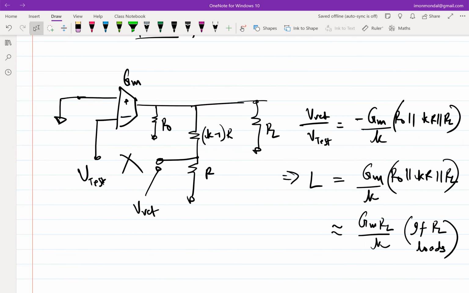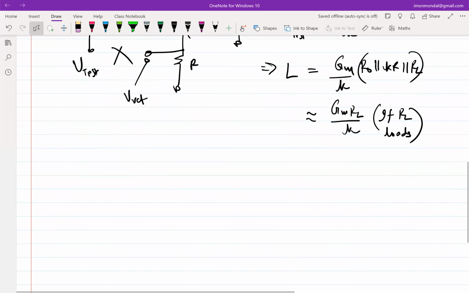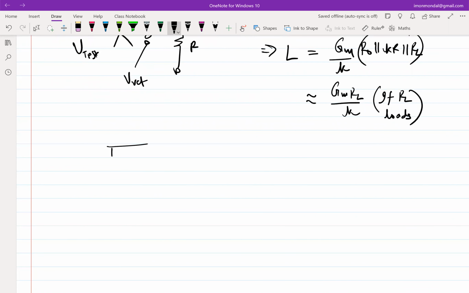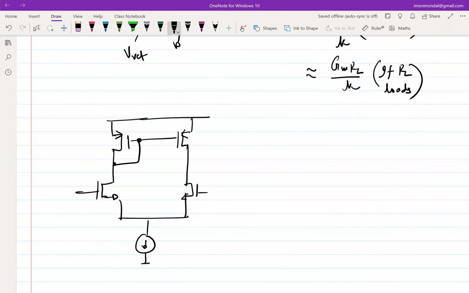Okay. So what does this relate to in terms of transistor level implementation? For this, let me just say that I am doing K equal to 1.